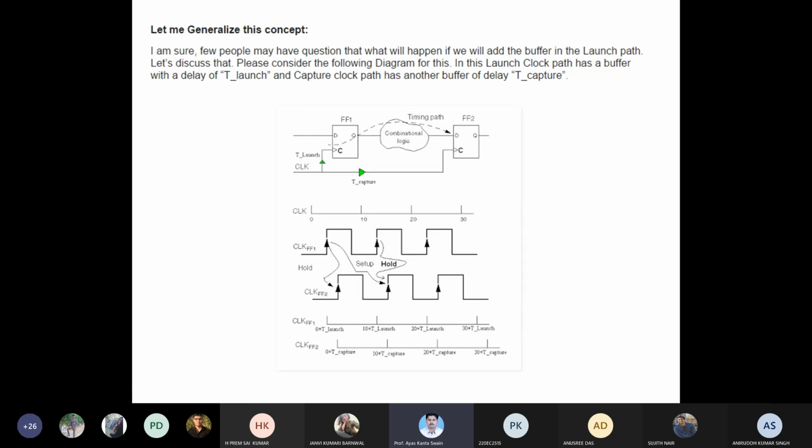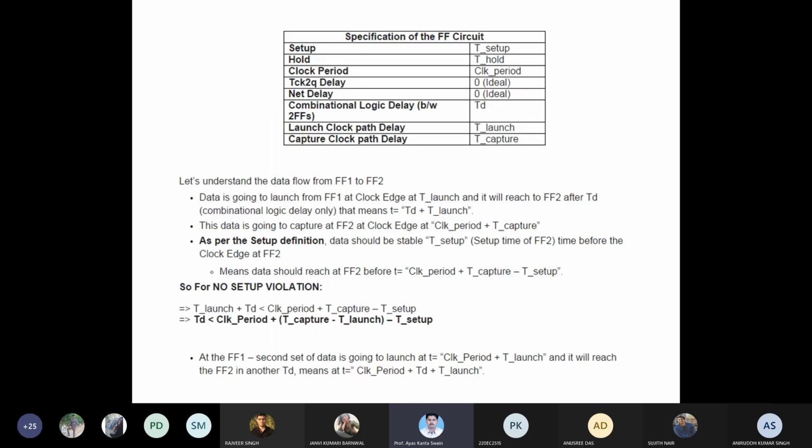So now it's the final complete circuit where we have launch buffer delay and also capture buffer delay, and we have already discussed many possible combinations of combinational logic delays, and setup and hold violation.